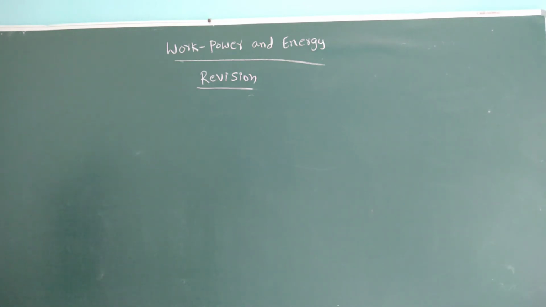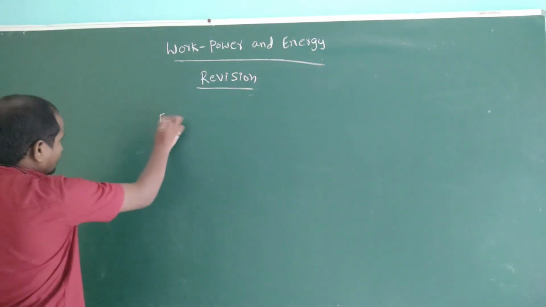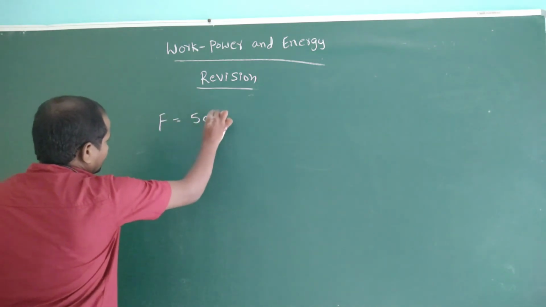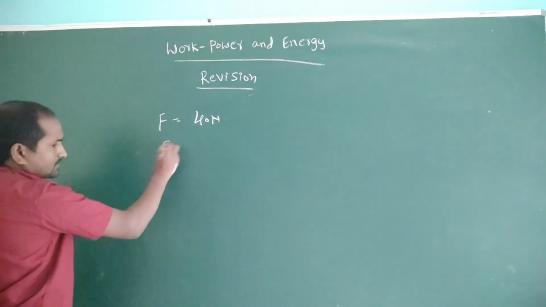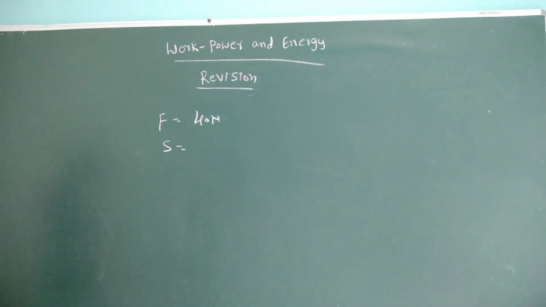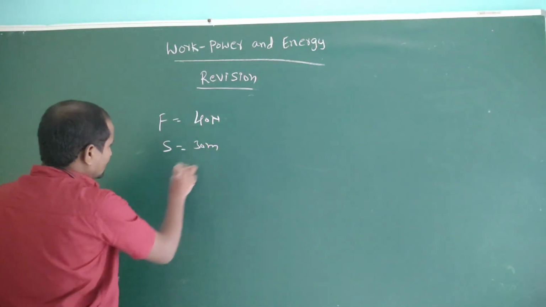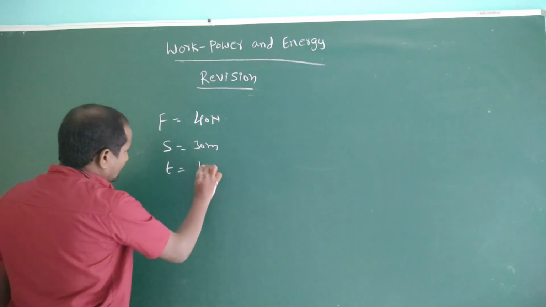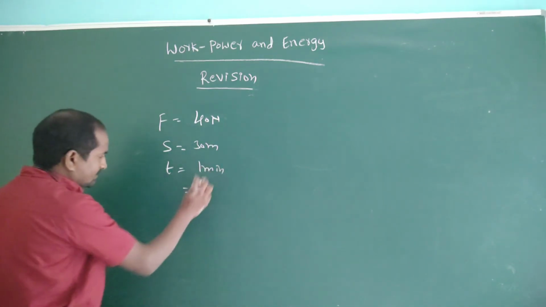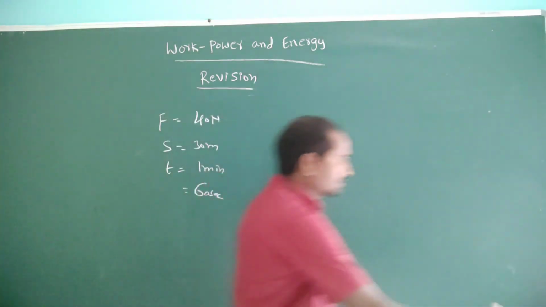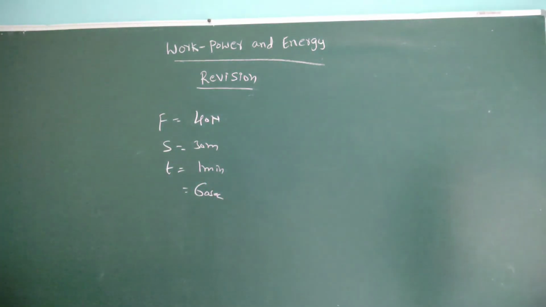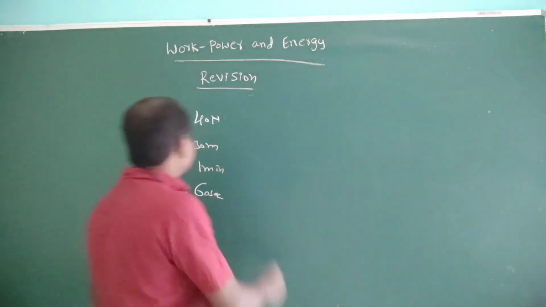Then find the power. Force is 40 newtons, displacement is 30 meters and time is 1 minute. Change this value into seconds: 1 minute is equal to 60 seconds.